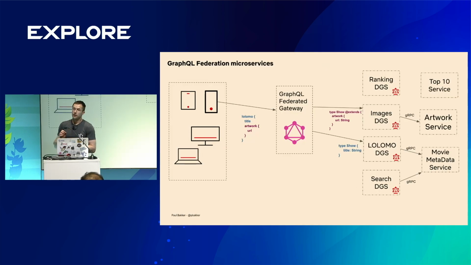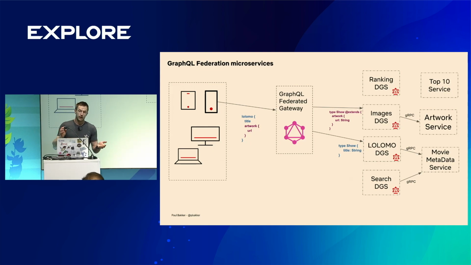Now at Netflix, we don't just build single GraphQL services. They actually work in a complete ecosystem of microservices. From the perspective of a device, so let's say I have Netflix on my phone, from the perspective of that phone or the person building the UI on the phone, we just have this giant federated GraphQL schema that contains all the queries and all the data that we have.